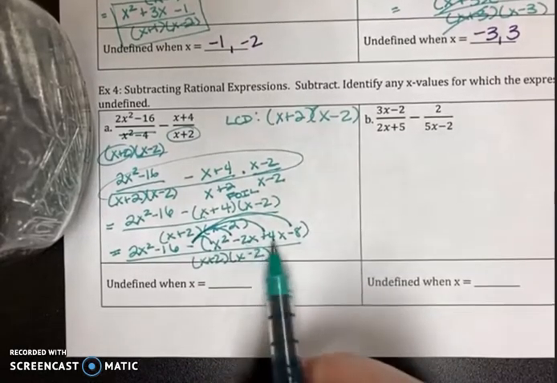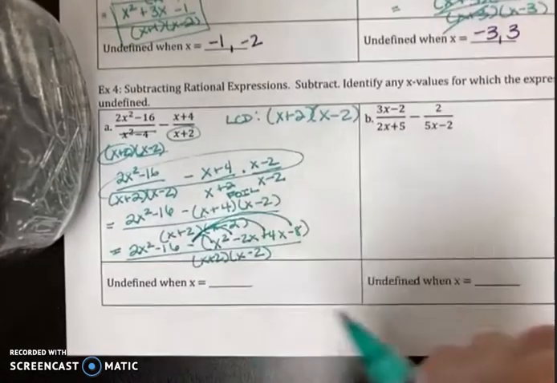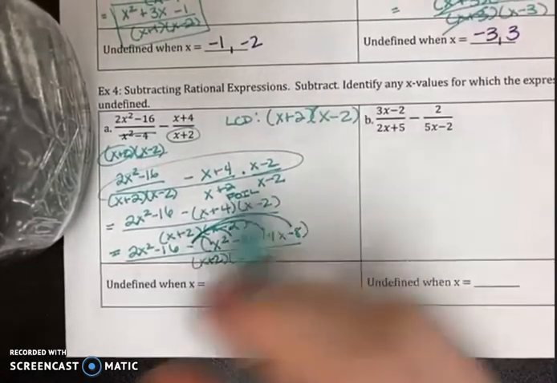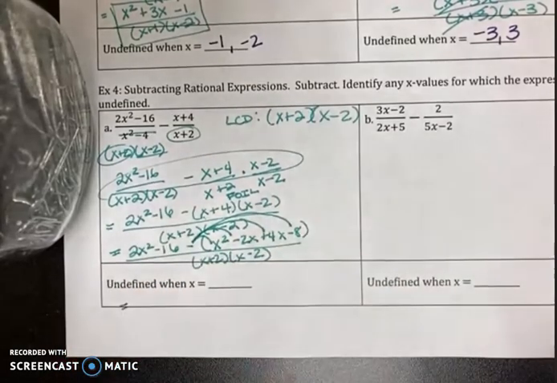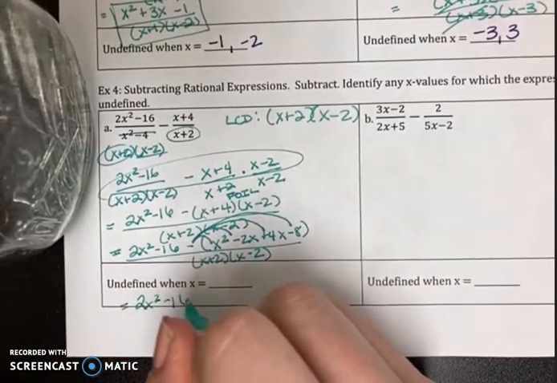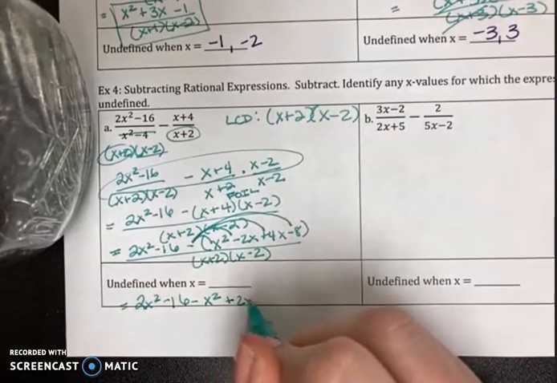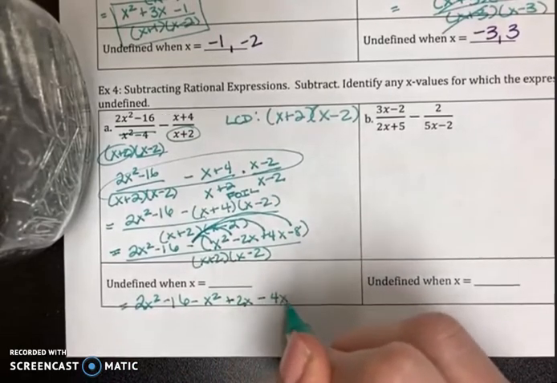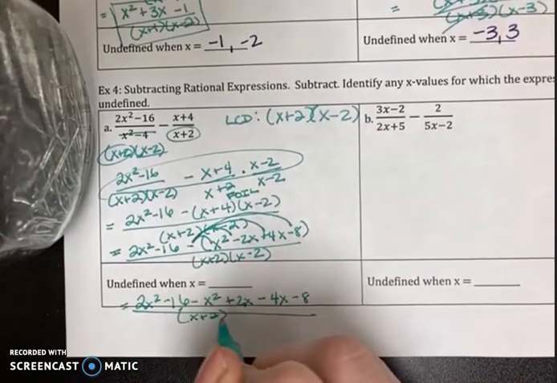And if I wanted to, I could have combined my x's. I'm not too worried about it. That's completely up to you. But if I do that, I end up with, and I'm going to write it down here since I'm running out of space, 2x squared minus 16x minus x squared plus 2x minus 4x minus 8. And then I can combine like terms.